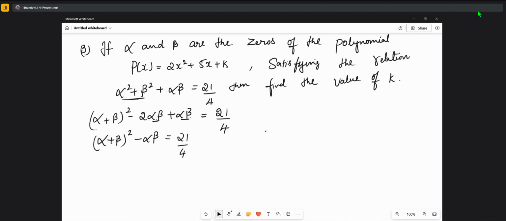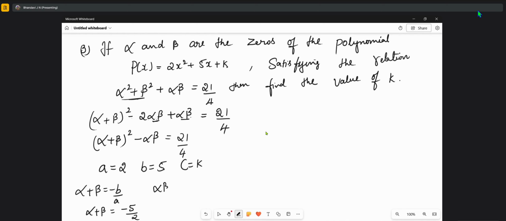Now find alpha plus beta and alpha into beta and try to substitute the values here to find the k. Now a is equal to what here? 2. Correct. And b is equal to 5, c is equal to k. Now, alpha plus beta is minus b by a, so alpha plus beta is equal to minus 5 by 2.